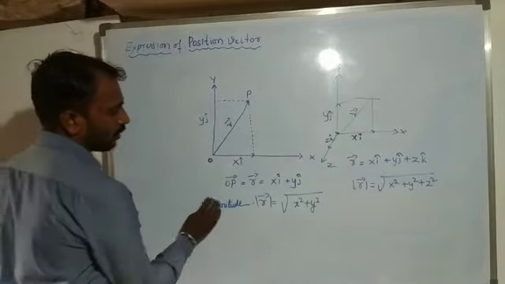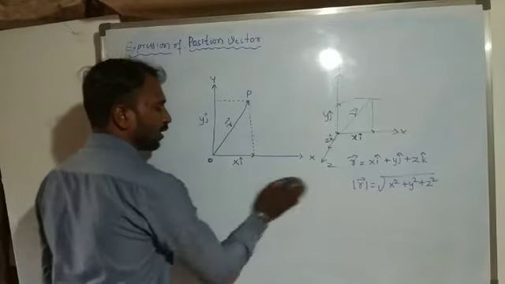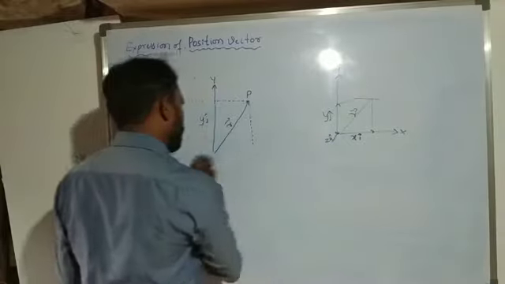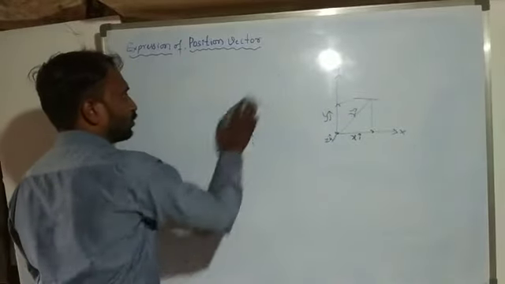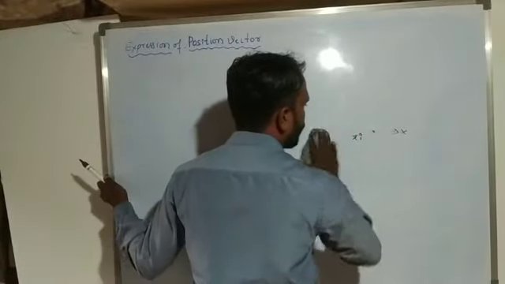Next one, suppose two particles are present in the xy plane. Next one, addition of vectors by the analytical method. Suppose we consider two vectors present in the xy plane.